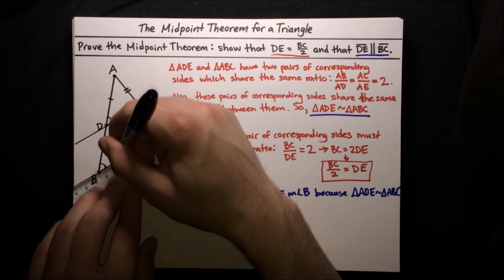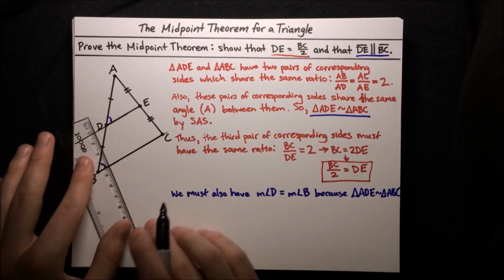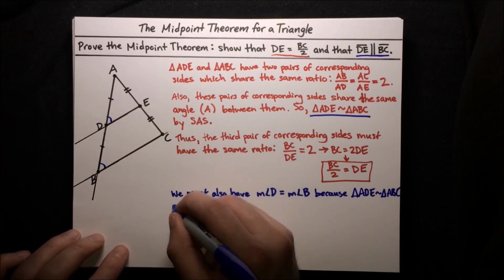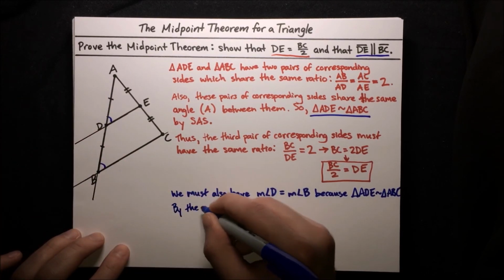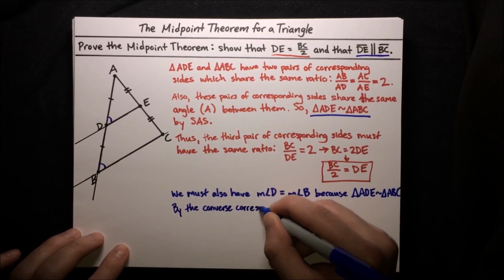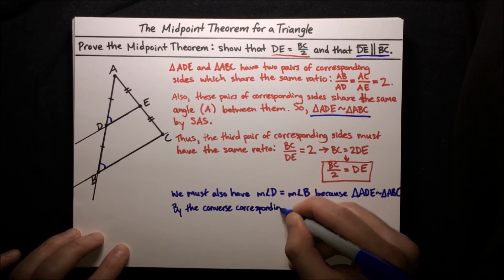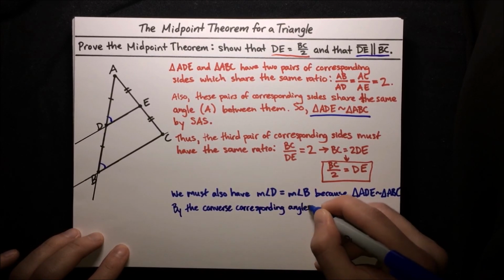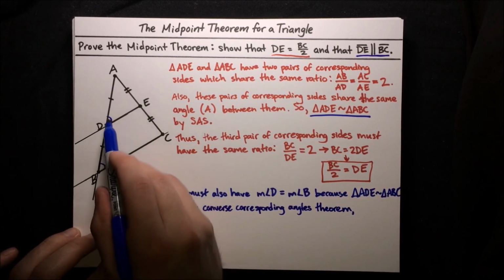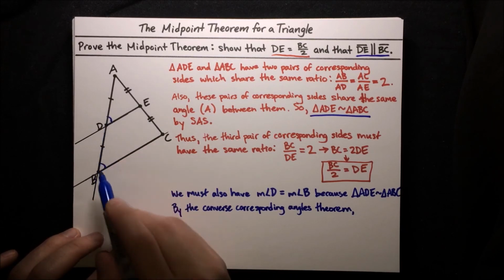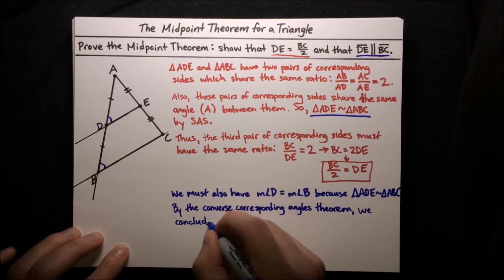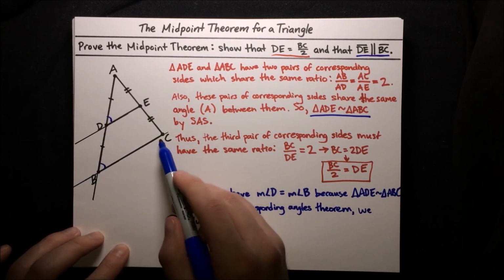Interpreting these as a pair of lines and another line, AB, going through them, by the converse corresponding angles theorem, because angle D and angle B are corresponding angles and they have the same measure, we conclude that the lines here must be parallel.